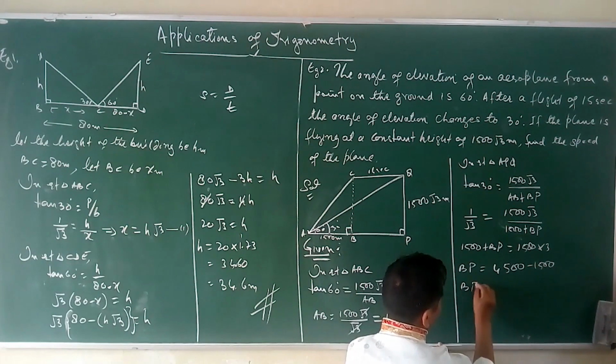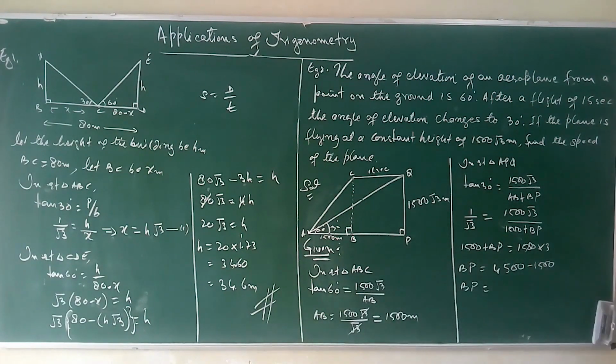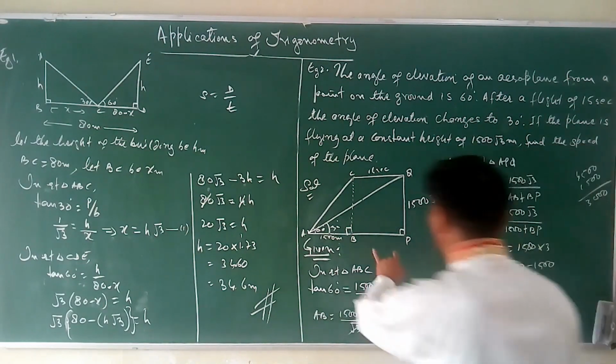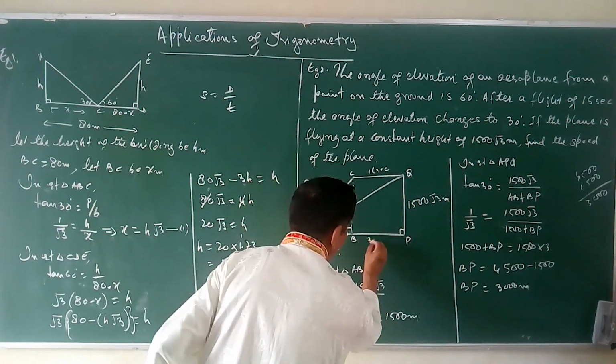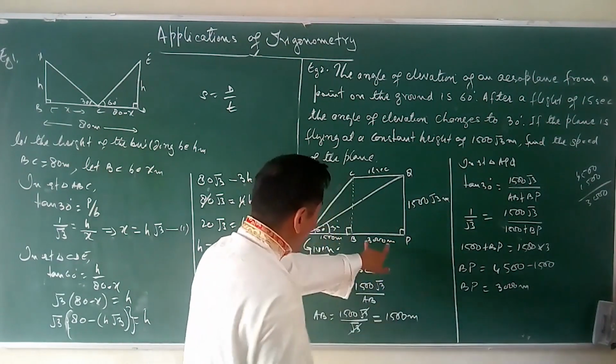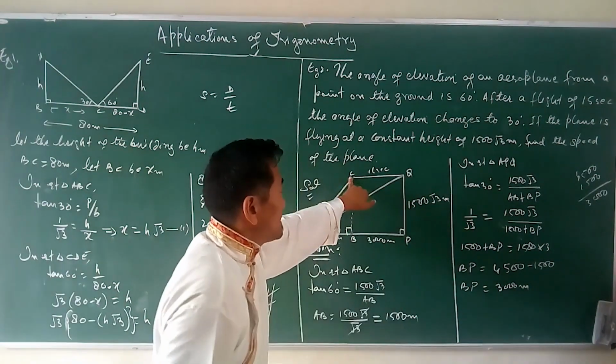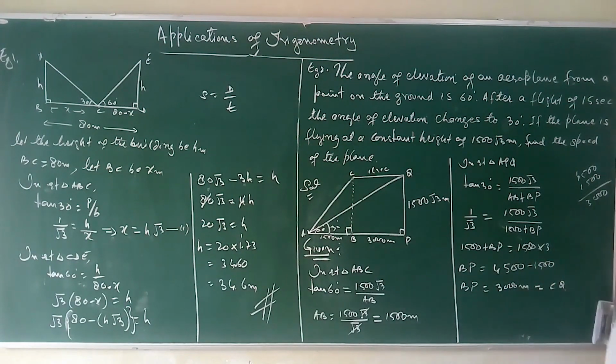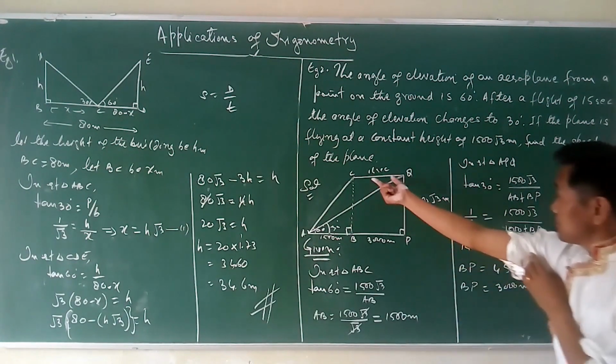So BP equals 4,500 minus 1,500, which is 3,000 meters. This distance is also equal to CQ.